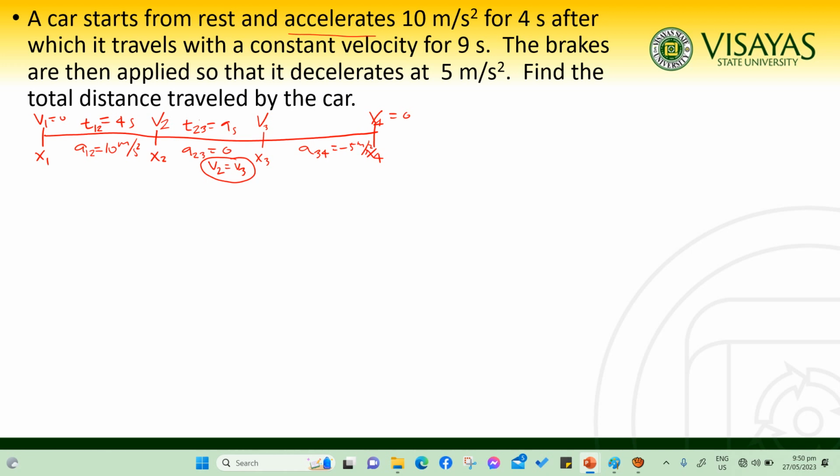Please take note of the sign of velocity and the sign of acceleration. If the velocity goes in this direction, and the acceleration goes in this direction, then a is positive.